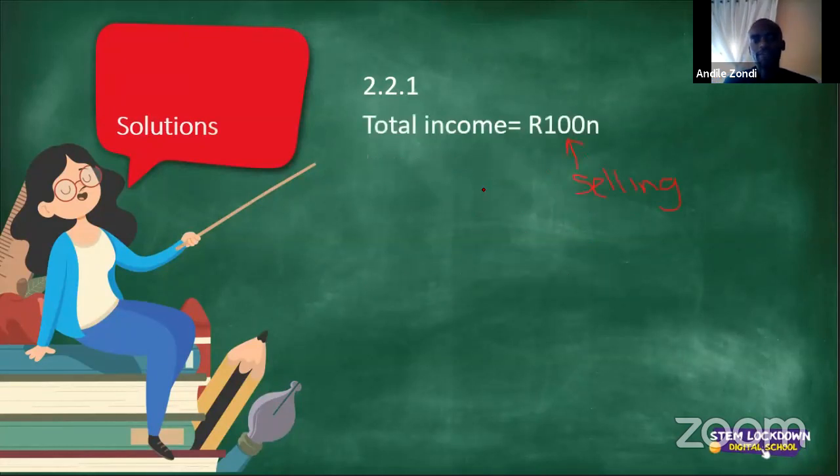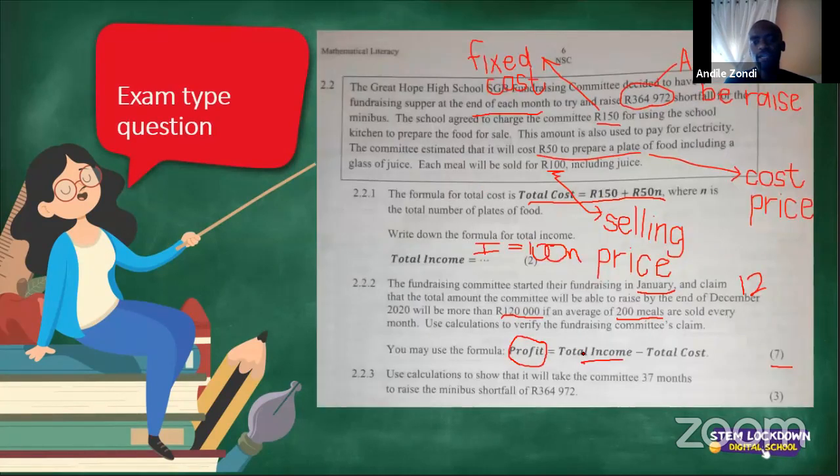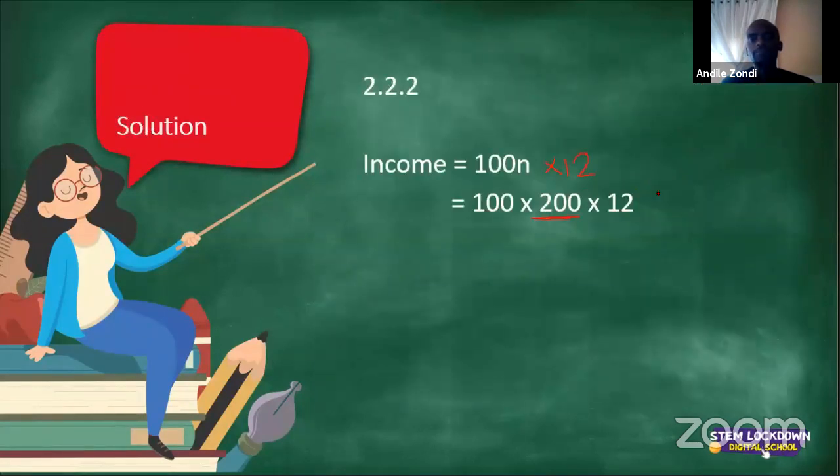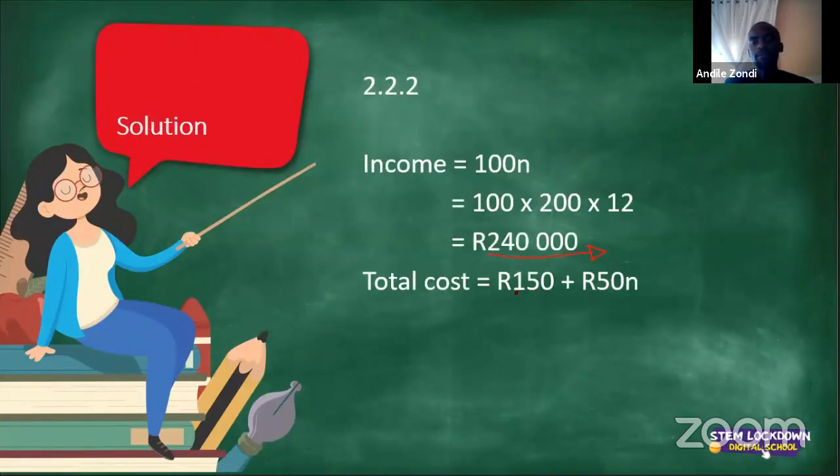So we now have the total income for 12 months. We now need to calculate how much cost you incur over 12 months. The formula for cost is 150 plus 50 times n, but this formula applies to 1 month.